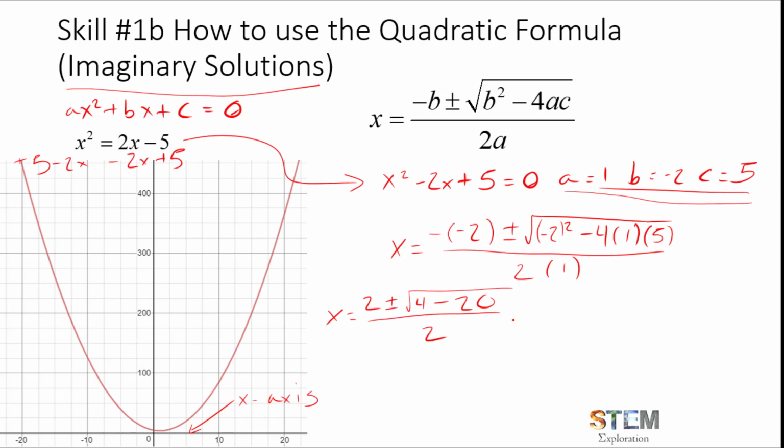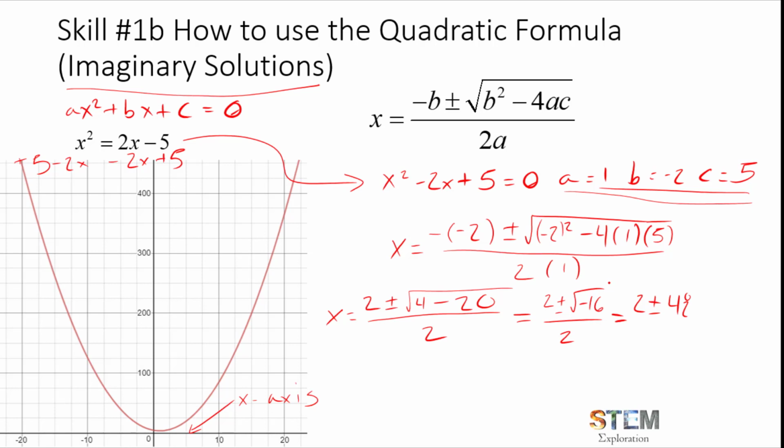Now, what makes the solutions imaginary is that when you take the 4 and subtract 20 from it, you have 2 plus or minus the square root of -16. Just like we talked about with complex numbers, this is an imaginary component. There's the square root of -1 times the square root of 16, so we can simplify this to 2 plus or minus 4i.